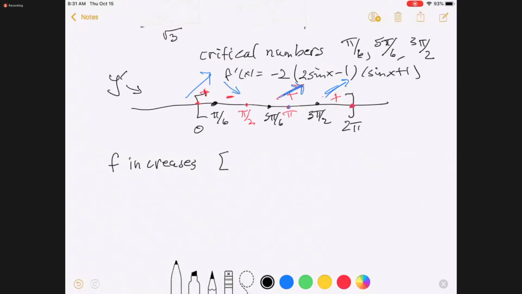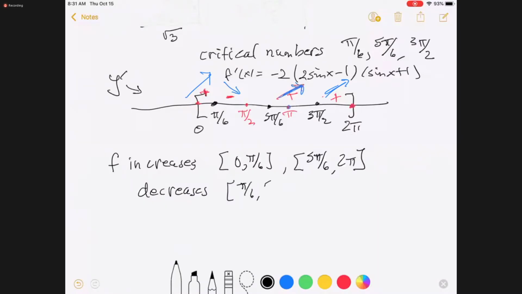Well, okay, let's keep it simple. f increases on 0 to pi over 6 and 5 pi over 6 to 2 pi. f decreases on the interval from pi over 6 to 5 pi over 6.